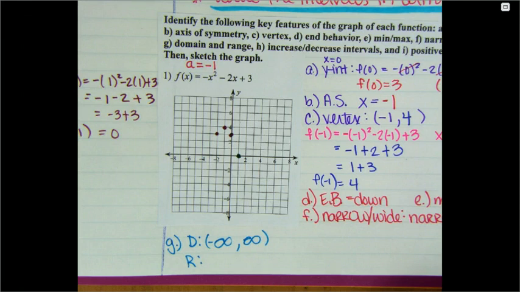If you do not have 0, 8 correctly, you are wrong. Make sure it's an ordered pair. Who had it right? Good.